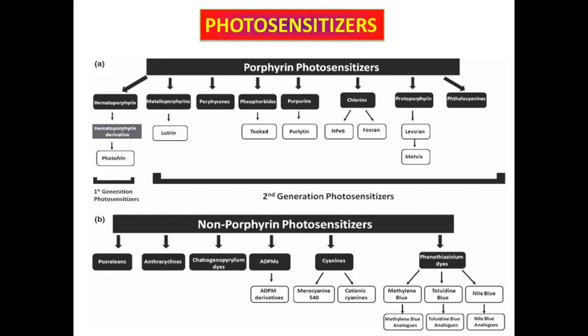Without light, it cannot be toxic. Those are non-toxic, so it should be handled very carefully, and once it is used, it should not be exposed to light. These are some of the instructions usually given. And in the dark, it should be used in very minimal amounts, because a high amount needs a high amount of light, which in turn can kill the normal cells, which is not at all good.